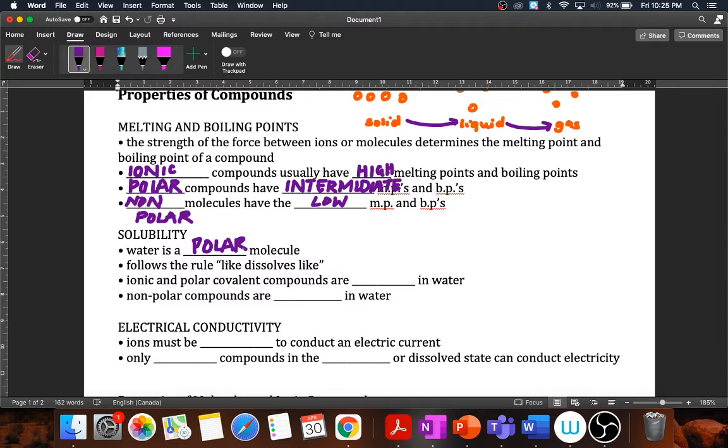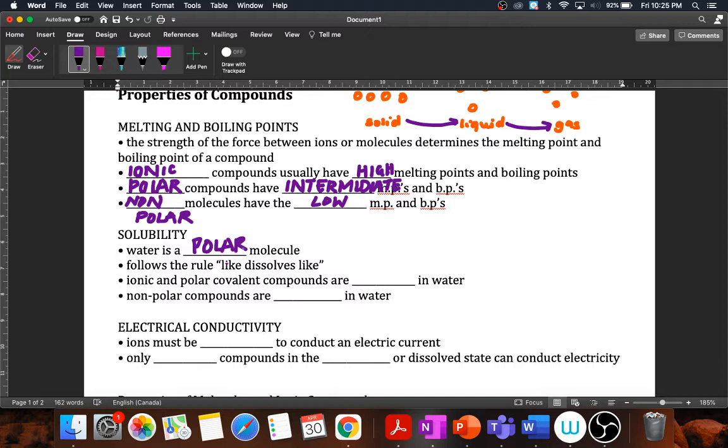So like dissolves like. Due to the polarity of water, ionic compounds, when you put them into water, break apart into the ions, which are then able to form ion-dipole interactions with our water molecules, right? So there's that attraction that's possible, which allows for it to become soluble.